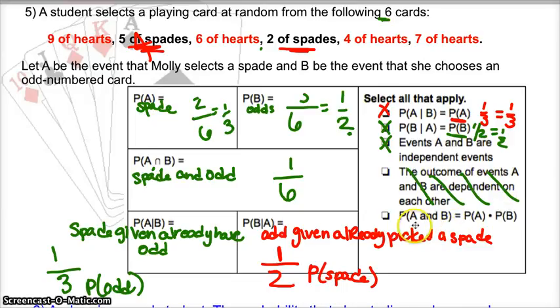And let's check this last thing. The probability of A and B we calculated to be 1/6. Does it equal the probability of A, which we calculated as 1/3, times the probability of B? 1 times 1 is 1, 3 times 2 is 6. So yes. If events are independent, then all 3 of these things will apply.